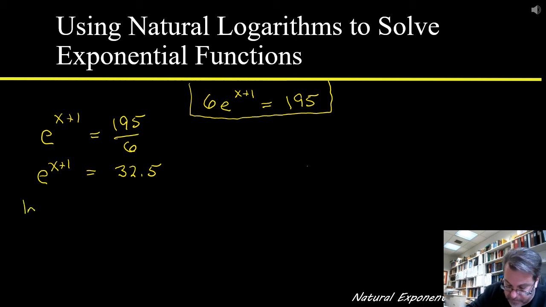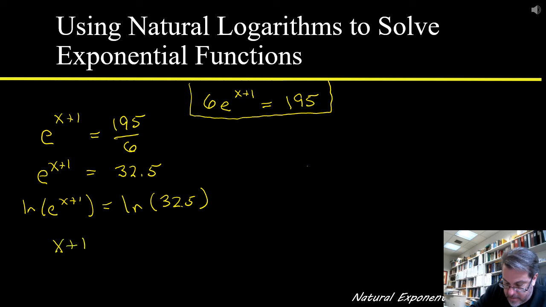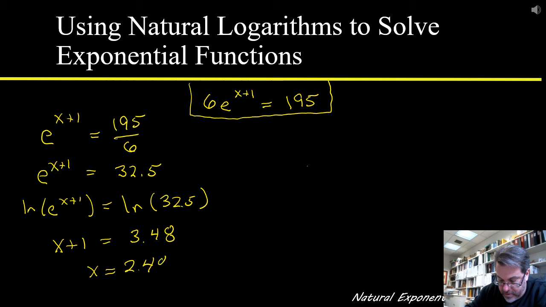So natural log of e to the x plus 1 equals natural log of 32.5. That's x plus 1, and take natural log of 32.5, just do that in your calculator. That's 3.48, and then subtract 1 from both sides, and x is 2.48.